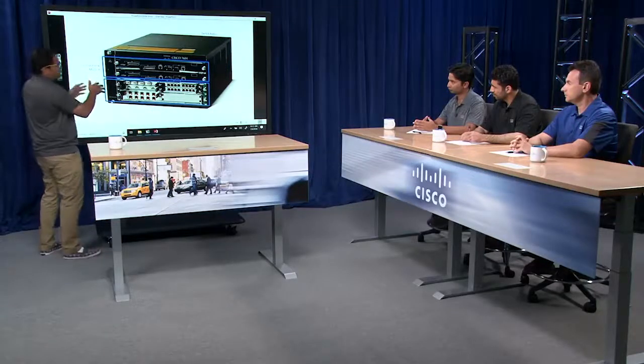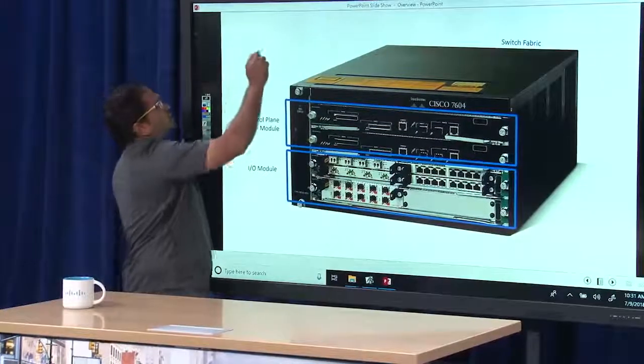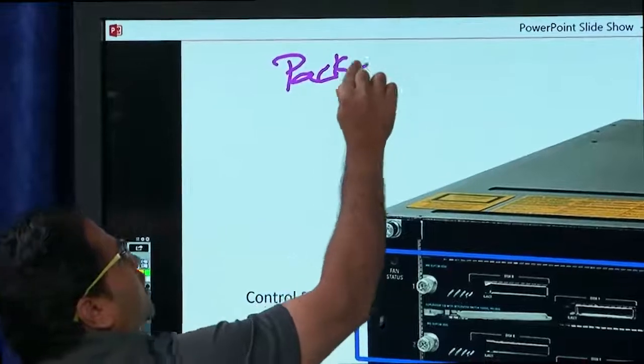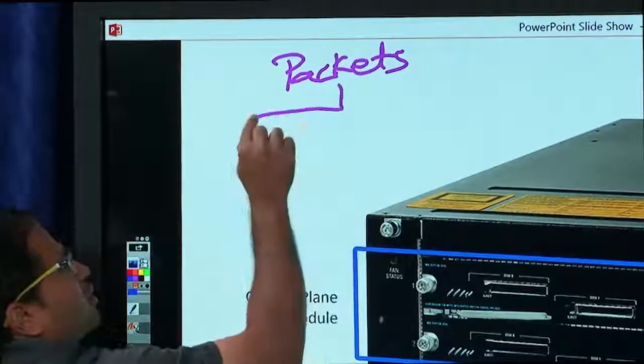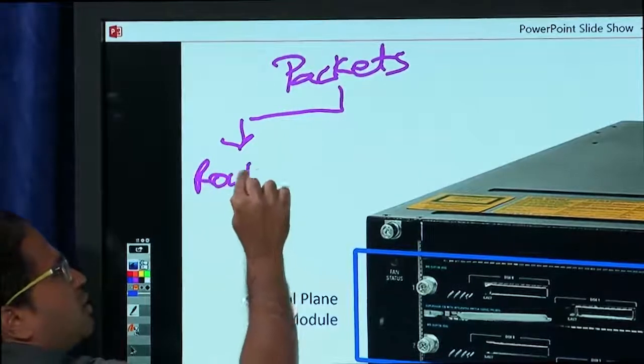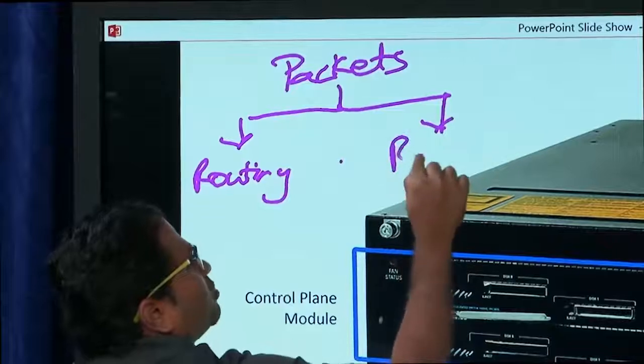So to get into the functions of these, we need to understand a couple of things. The types of packets in a network. You have the routing packets and the routed packets.